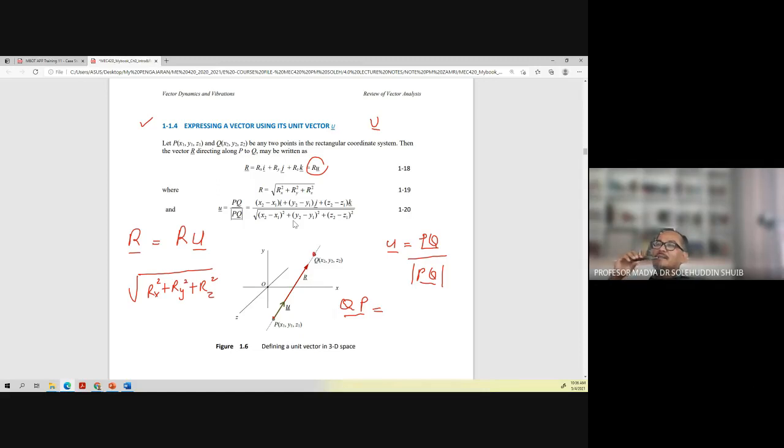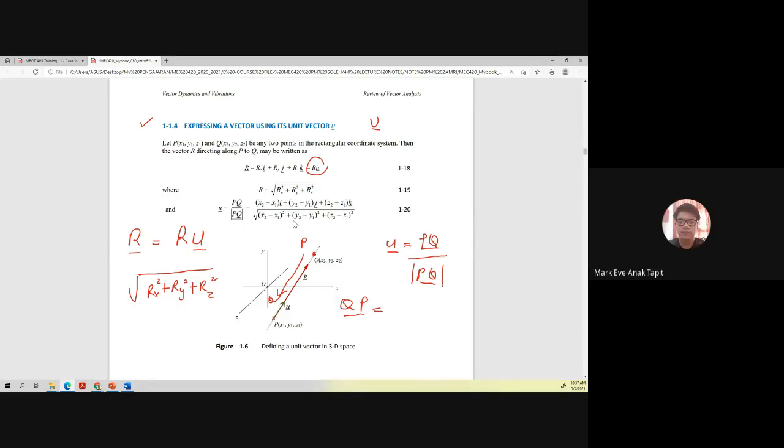If PQ is x2 minus x1, and we want to get the opposite direction, which is QP, what will be the value? x1 minus x2.